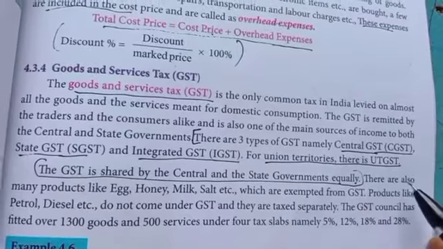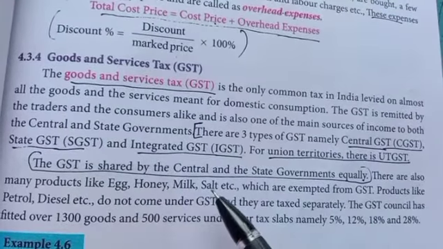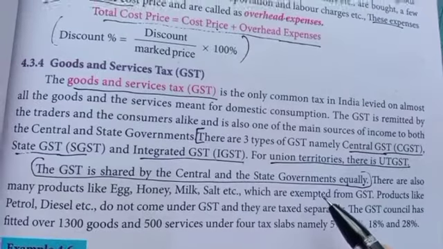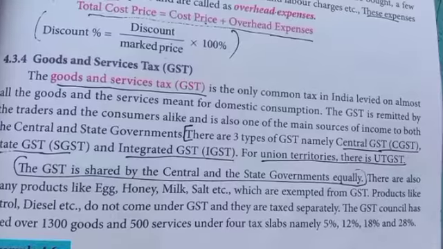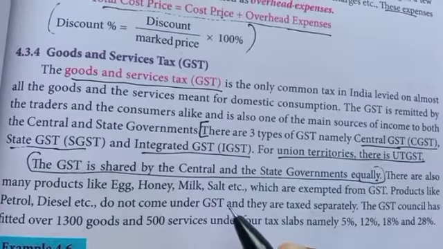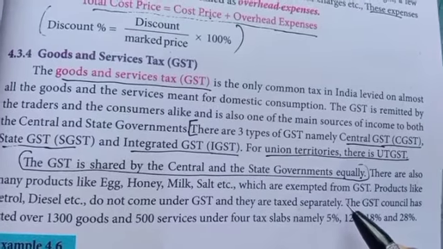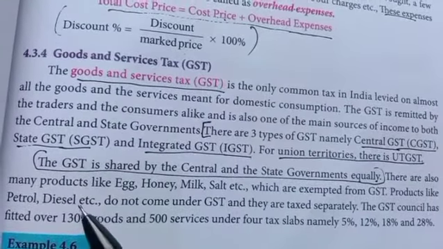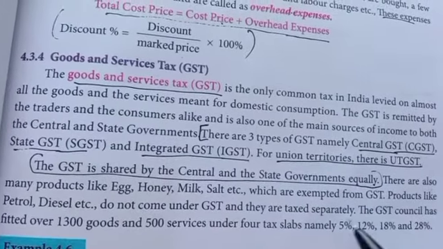There are also many products like egg, honey, milk, salt, etc., which are exempted from GST. Products like diesel and petrol do not come under the GST. They are taxed separately by a separate department.